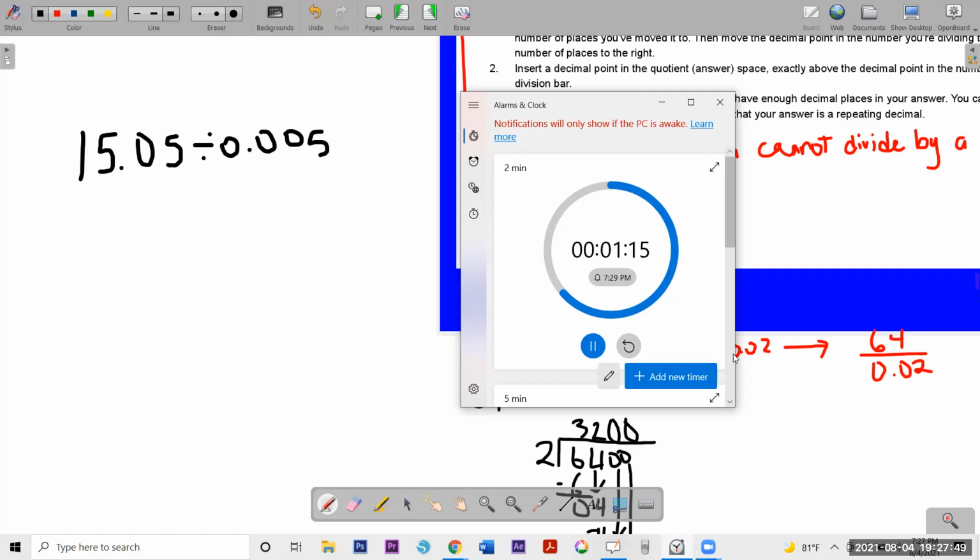Once you finish, just hit done if you finished before. Okay, one person is done. You guys have 1 more minute left. That's 2 persons.